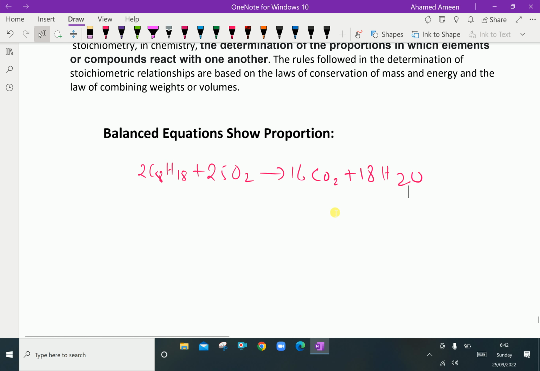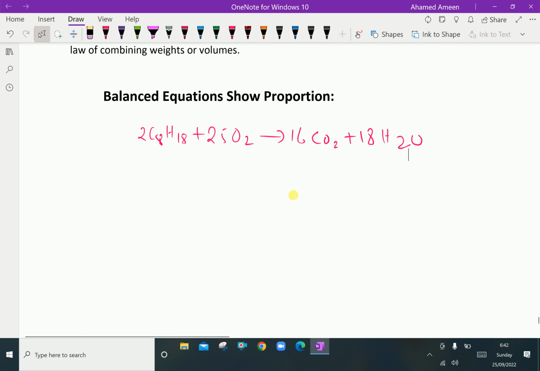Because Avogadro's number links molecules to moles, here we can convert this to the number of moles itself.